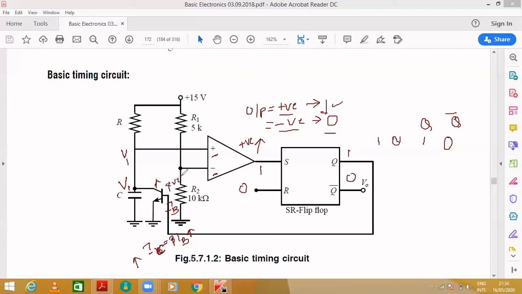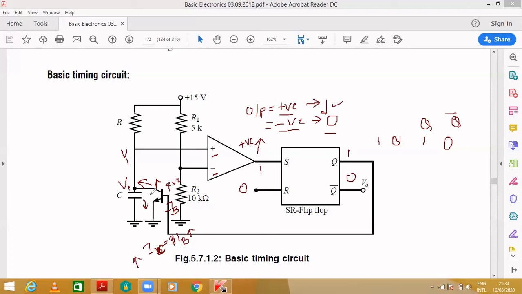When the collector current increases, the direction of current will be towards this, the current will be in this direction. At that time, the capacitor will start discharging, and all charges will go to the ground.